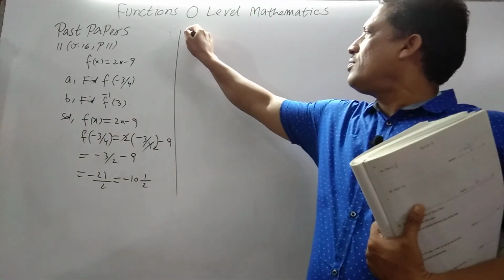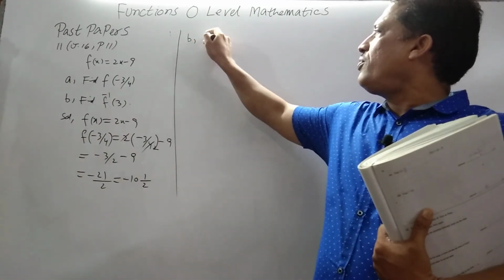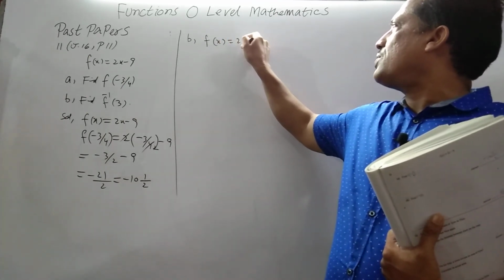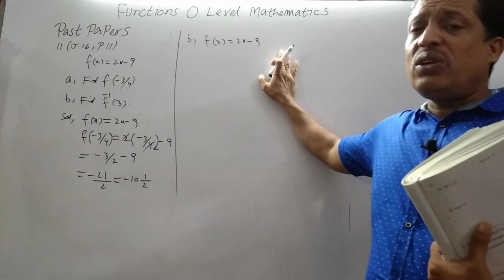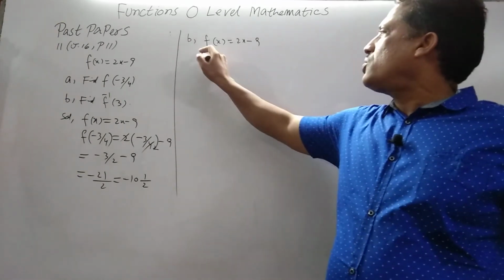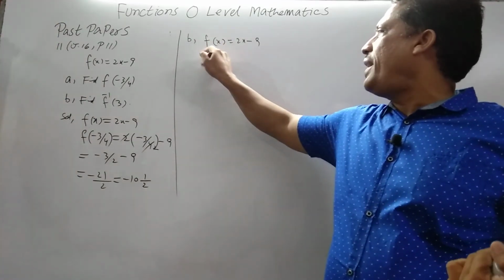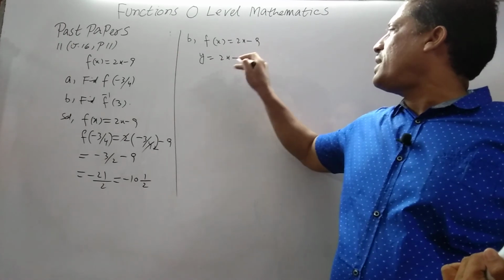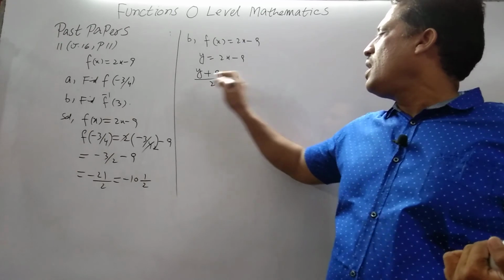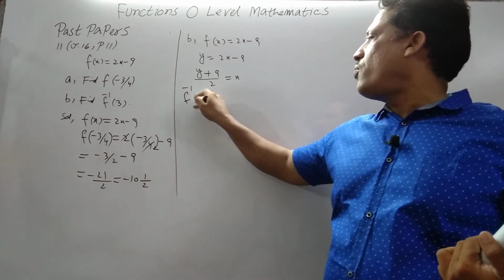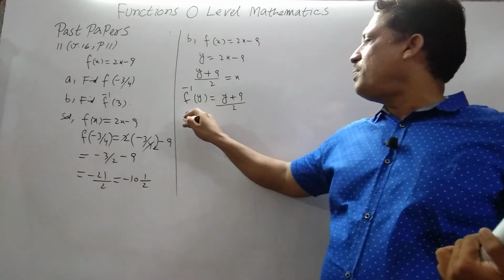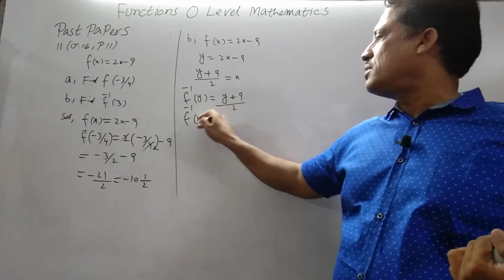Second part is a very interesting part. We have to find f inverse 3. So first take f(x) equals 2x minus 9. In order to find f inverse 3, we first find f inverse x. So replace f(x) by y, 2x minus 9, make x the subject of the given formula. Replace x by f inverse y, and finally replace y by x.